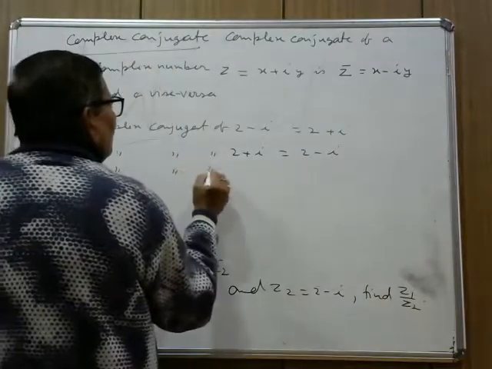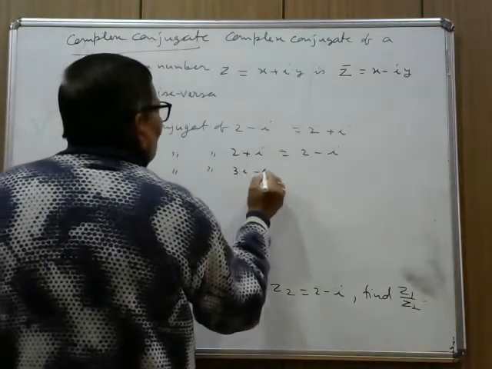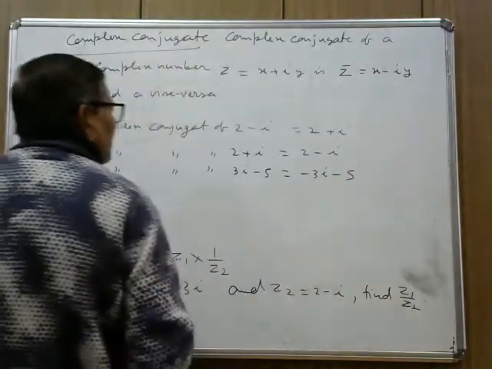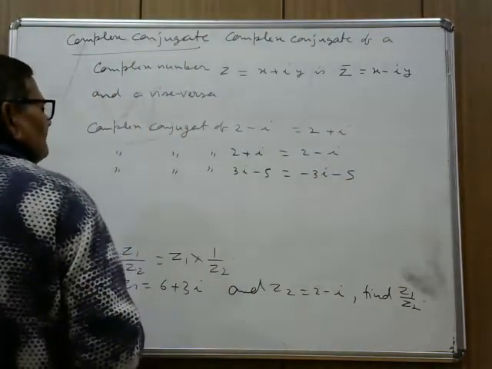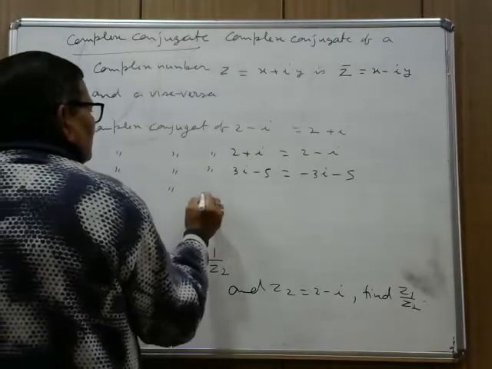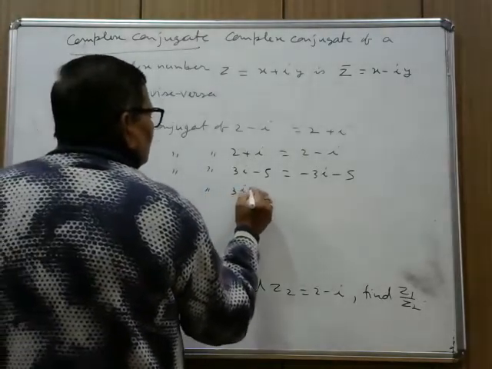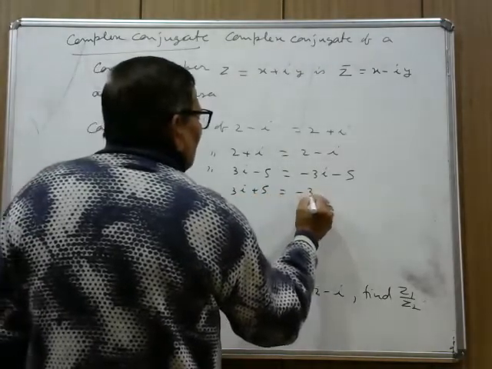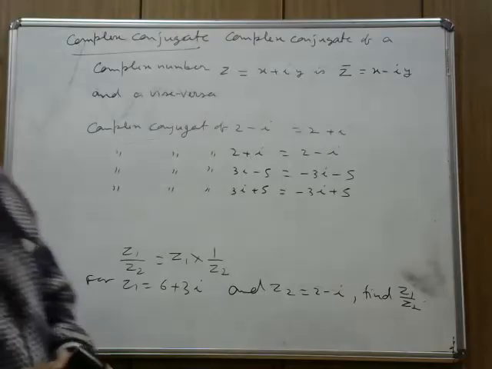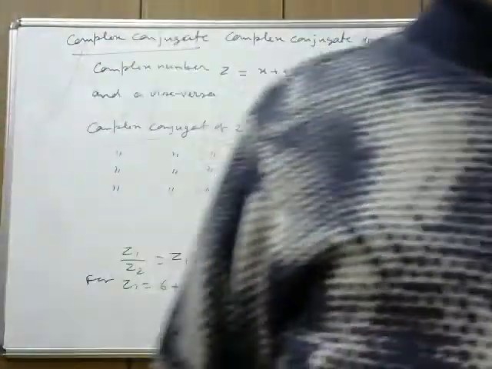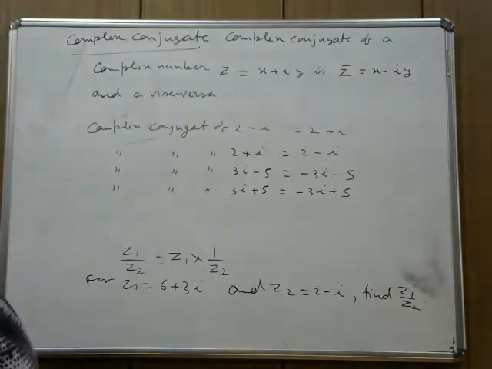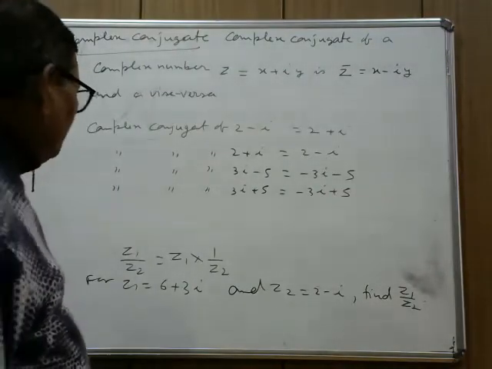The complex conjugate of 3i minus 5 equals minus 3i minus 5, and the complex conjugate of 3i plus 5 is minus 3i plus 5. So in all these examples, what you observe is that to find the complex conjugate, we change the sign of the term consisting of i.